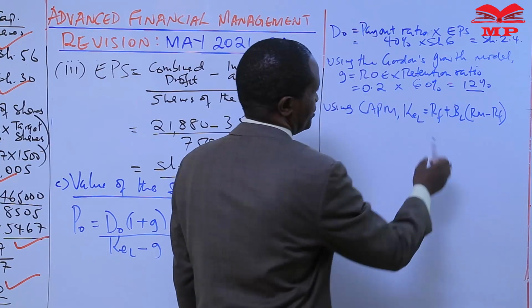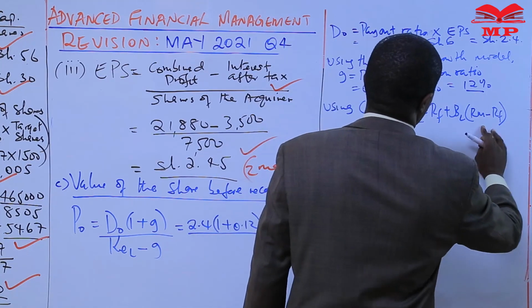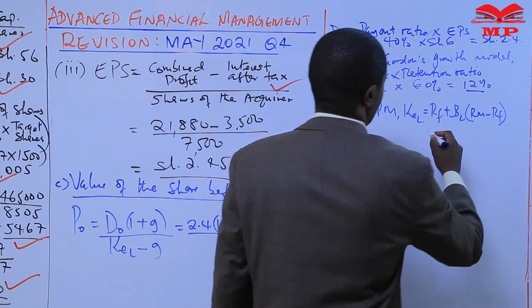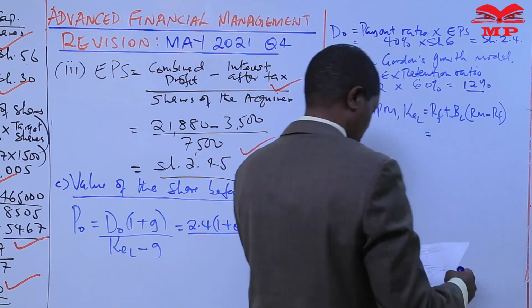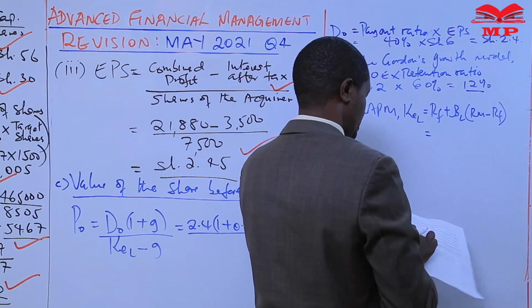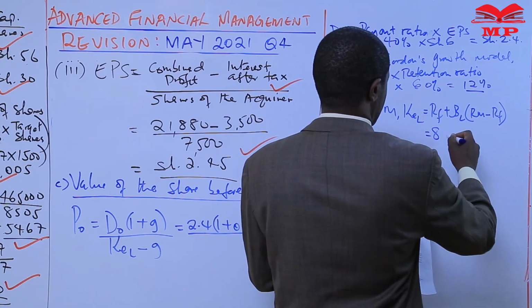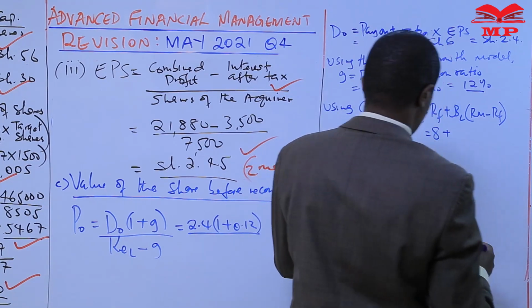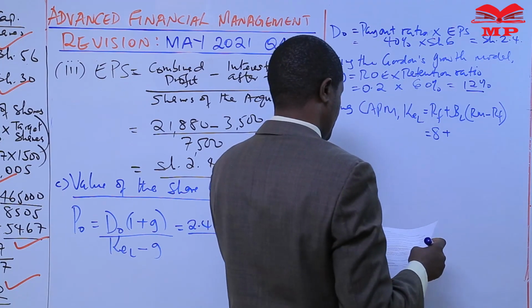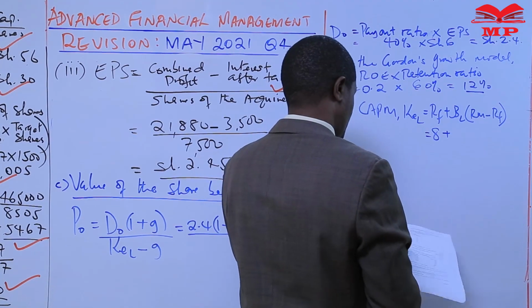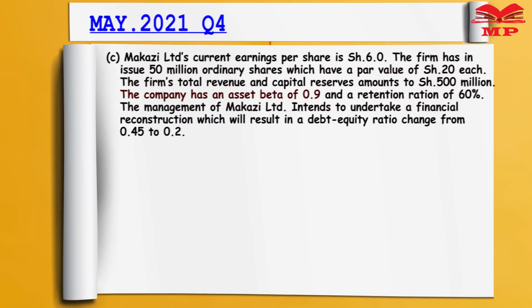Now, do we have all the inputs in this formula? Yes, we have the risk-free rate given, which is 8%. We have beta for the levered firm. We are given some beta somewhere. We read that the company has a beta of 0.9.